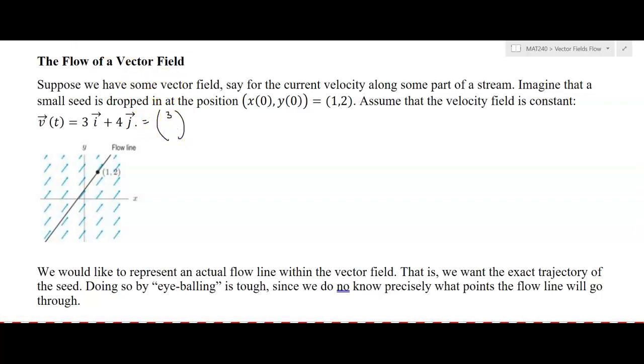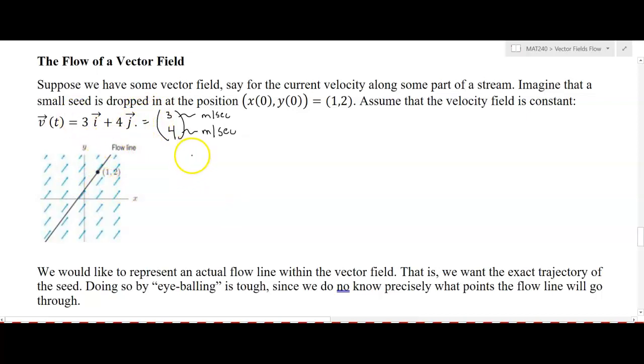And so what that tells us is that if this is in something like meters per second and this is something in meters per second, every second that passes, I will move 4 units further away from the origin in the y direction and 3 units further away from the origin in the x direction.